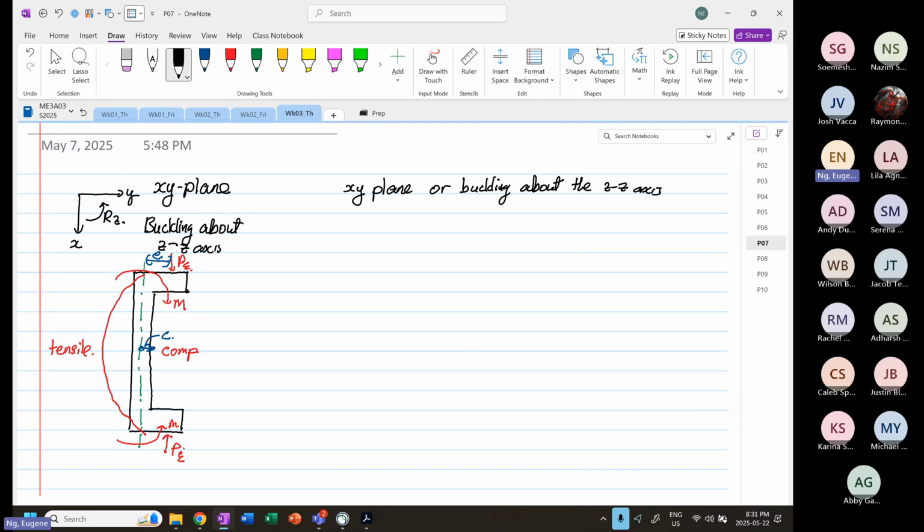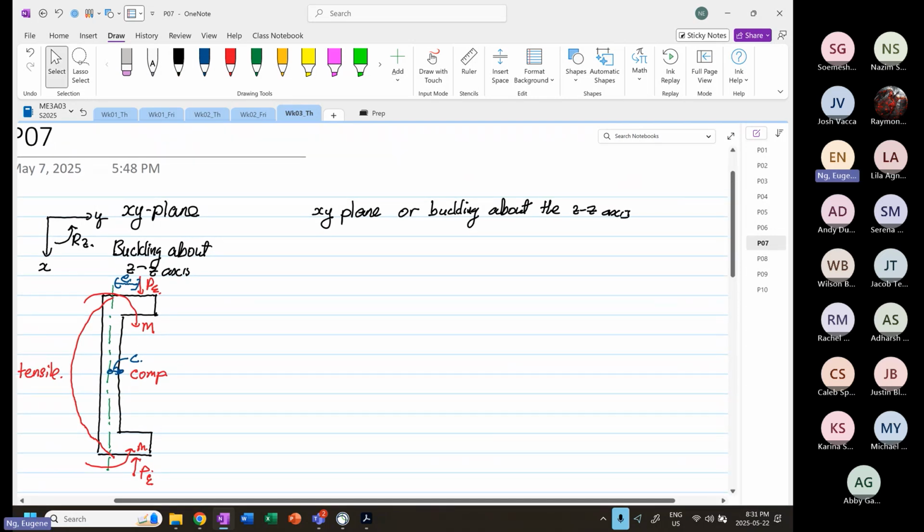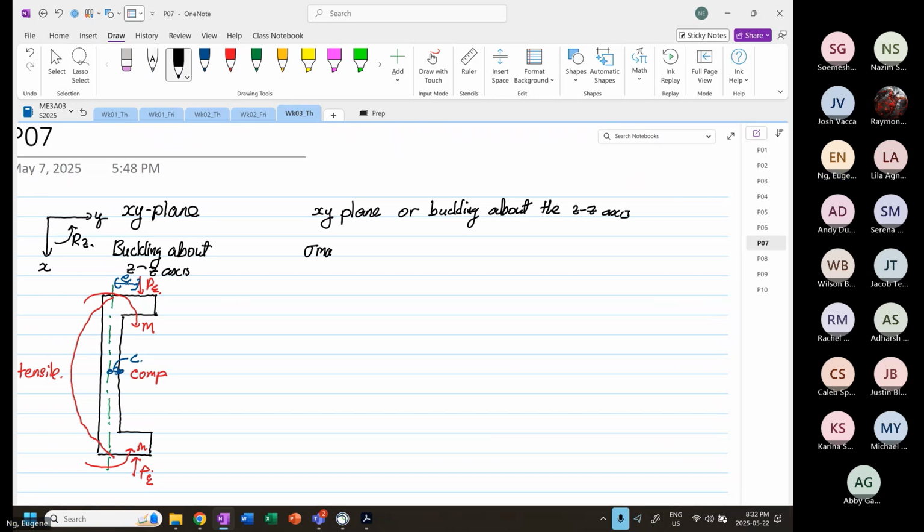Okay, so the formula that we are going to use is stress max is equal to P over A, 1 plus eC over r squared secant, and then we have pi over 2, and then square root P over PCR.